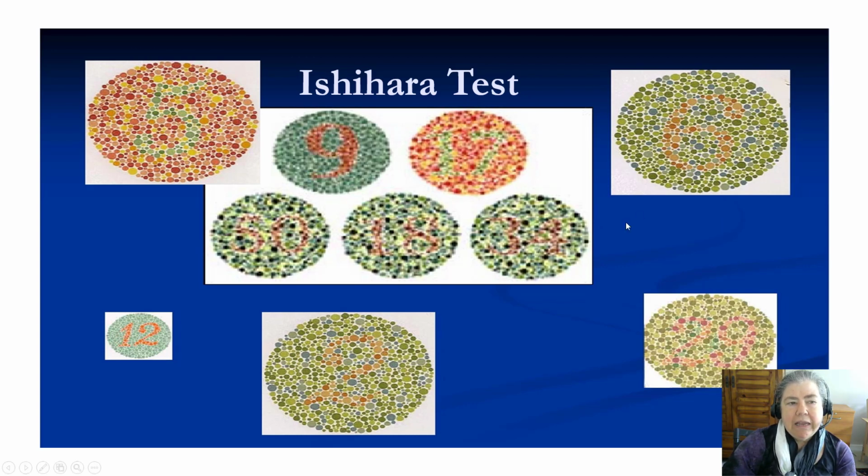There are apparently a small percentage of females who have a fourth type of cone that's living in here somewhere, and that may expand their ability to see different gradations of color in these wavelengths. And then rods have a very wide range of wavelengths.